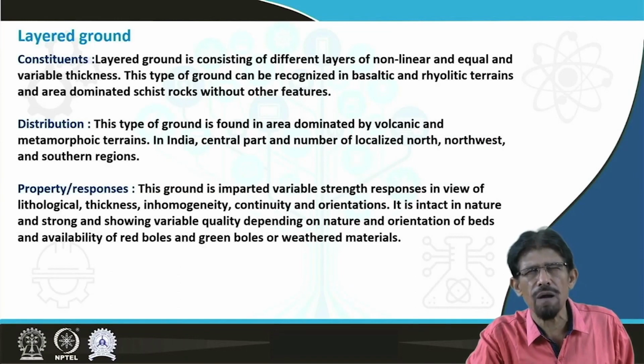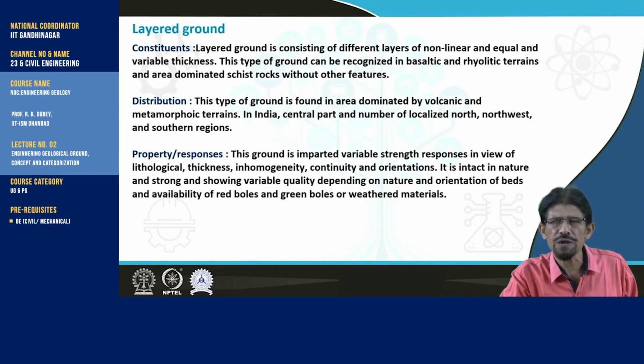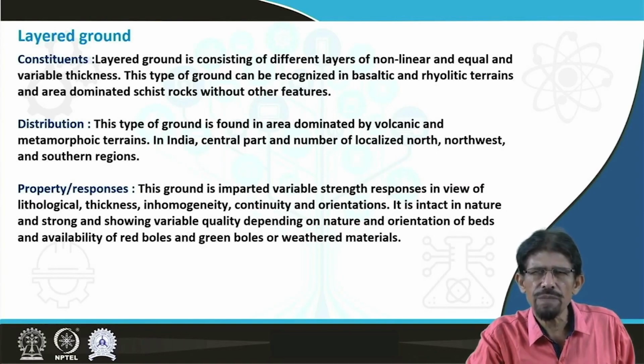This type of ground is distributed particularly in areas where we are going to encounter flow type volcanic rocks or schist type of metamorphic rock, etc. The property and response, particularly related to strength, hardness, durability, etc., depend on the orientation, continuity, homogeneities, etc.